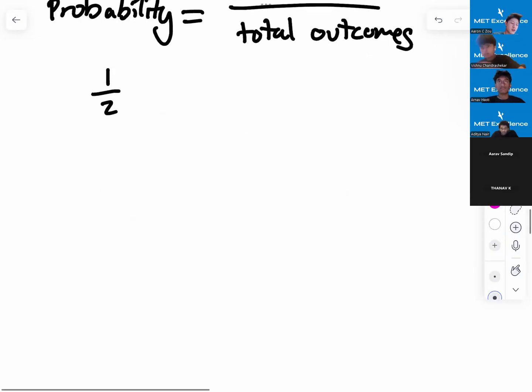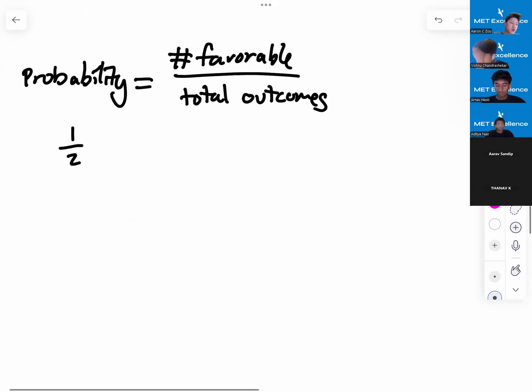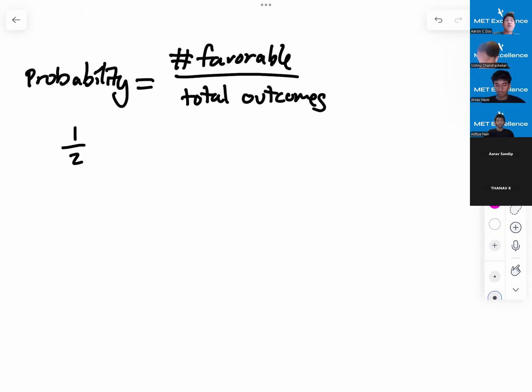Let me give you guys a quick question to make sure you understand this. So let's say I have a dice with 6 sides. What's the probability that I roll an even number?